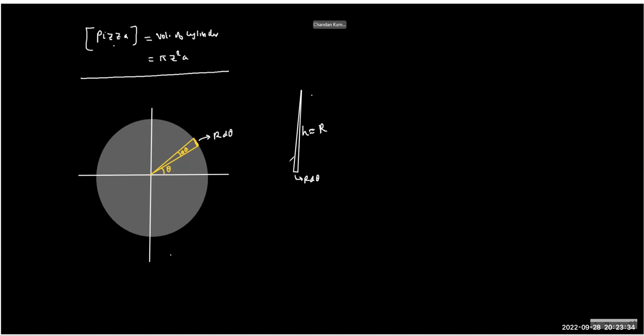So for this triangle, what is the area of the triangle? Half into base into height. Basically this is half of a rectangle. Yes or no? Yes. So can we write dA equals half into base into height? So what are we getting?